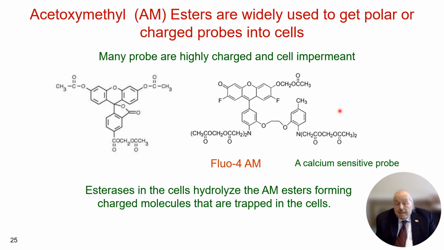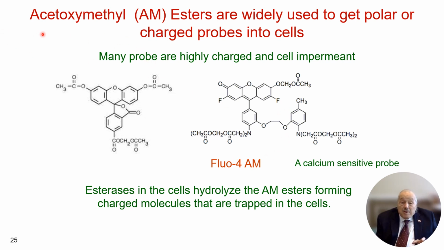This is something that is general for all of the probes. Just about all of the probes are available in two forms, a membrane permeant form and a membrane impermeant form. And what the difference is, the impermeant form has the typical ionizable groups hydrolyzed.